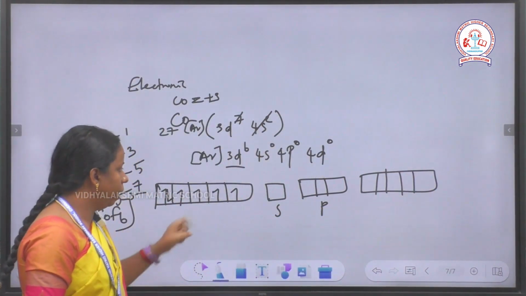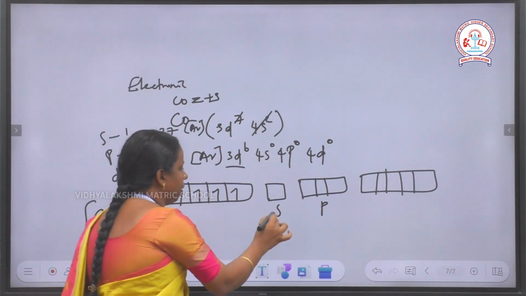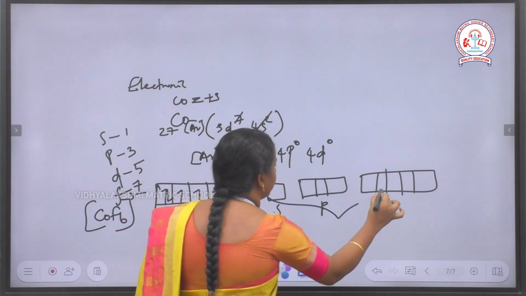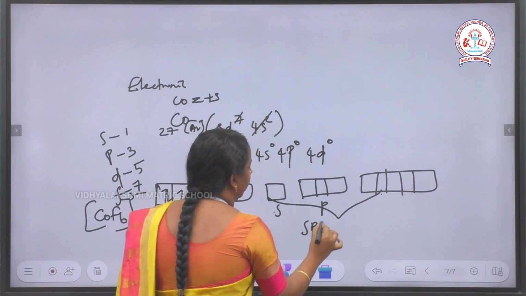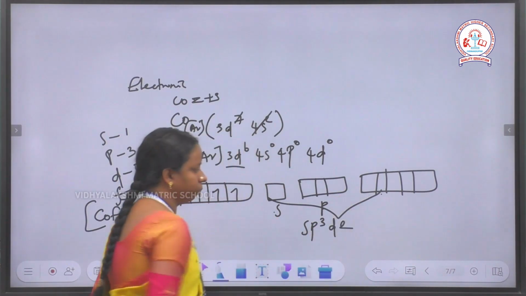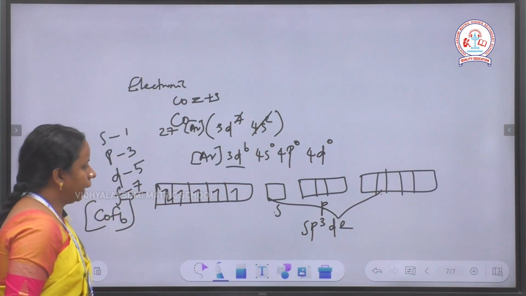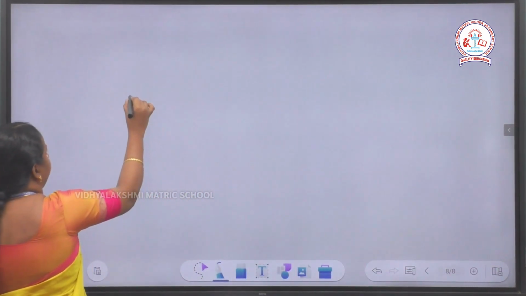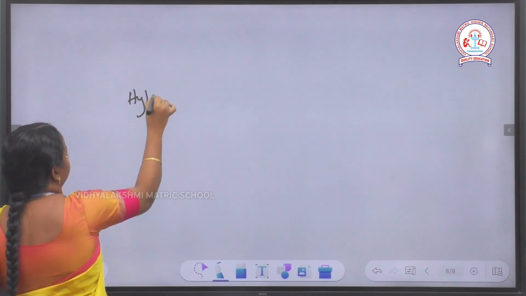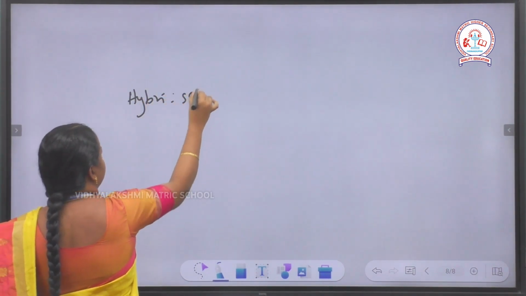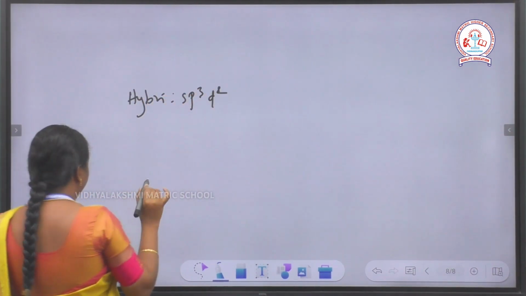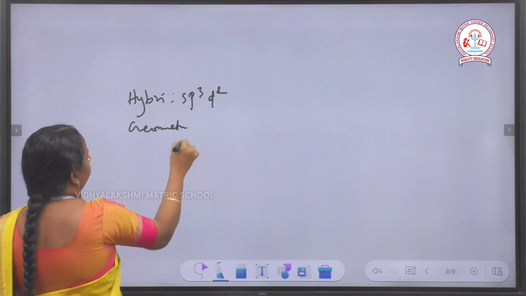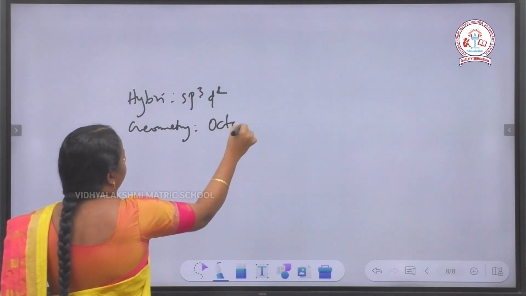I already told. So suppose we accept 1 s orbital, 3 p orbitals, 2 d orbitals. That's why hybridization is sp3d2, right. sp3d2 means geometry octahedral in nature.